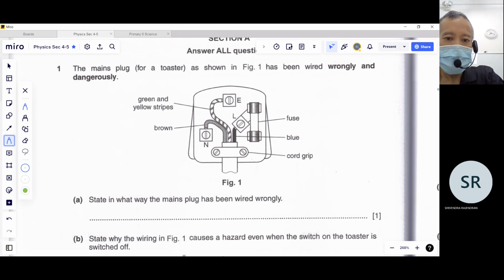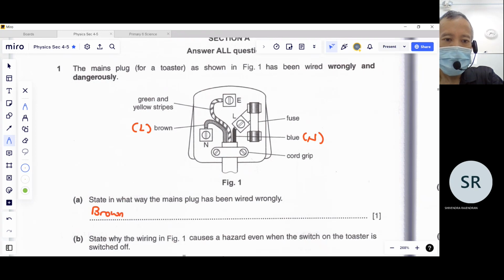Actually, let me try to rephrase your answer. Because the blue is your neutral, brown is your line. So in other words, maybe you should rephrase your answer a bit.